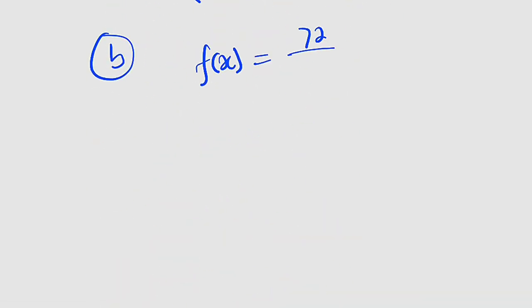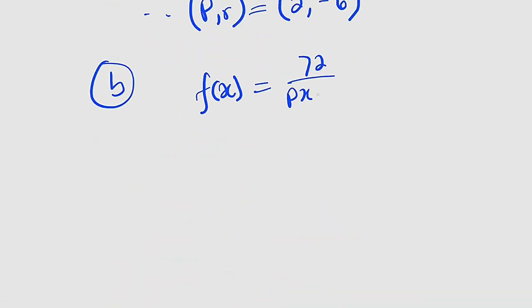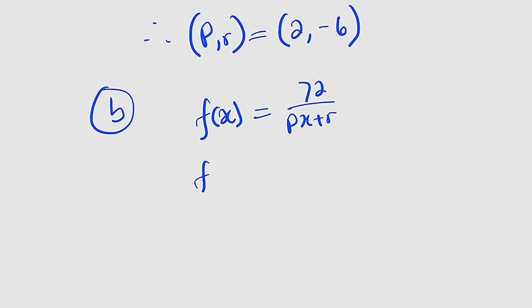Px plus r, right? This is the main function, but we have the values of p and r. Let's plug them here. Therefore, f of x is equal to 72 divided by what is p? P is 2, so we have 2x here. And r is minus 6, so we have minus 6 here. So this is the main function.